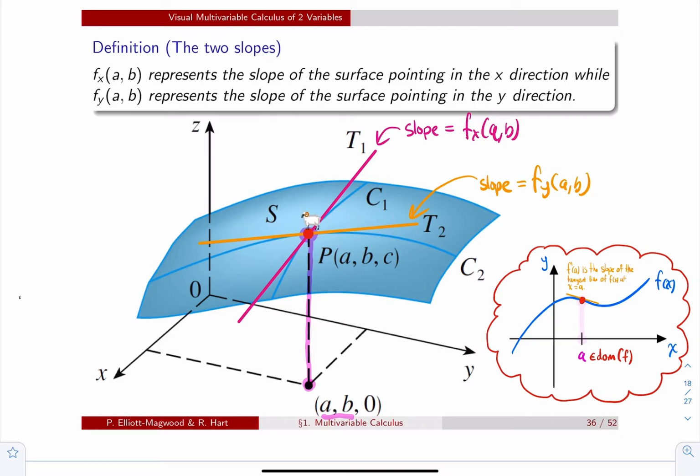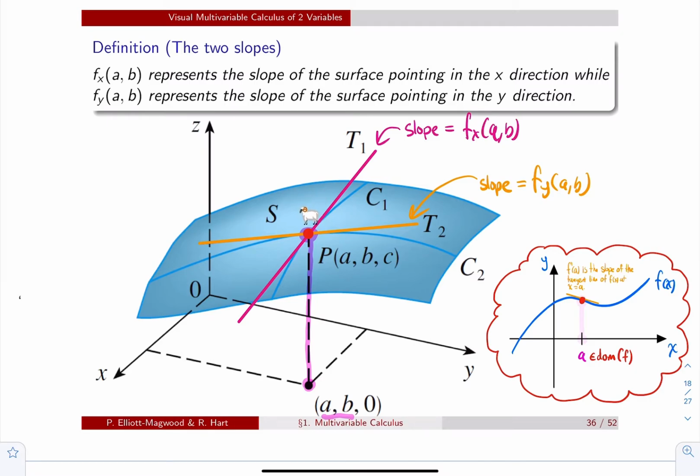So when you compute f sub x and f sub y, and you evaluate these two functions at the point (a, b), you're going to get two numbers. Because remember, f sub x and f sub y are just two other functions of two variables. So if you evaluate them at a specific point, you're going to get two numbers.